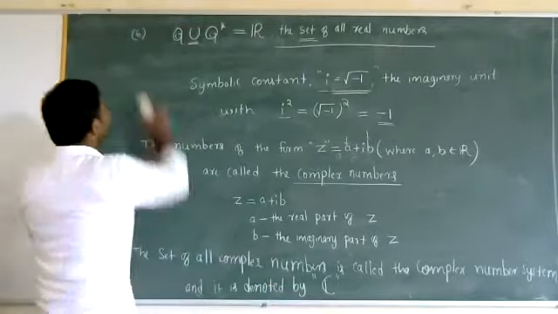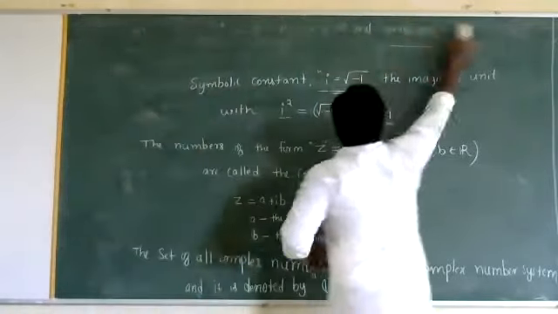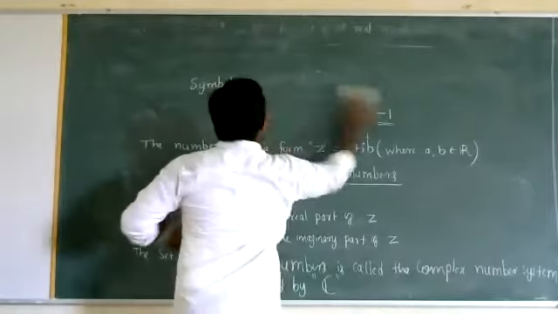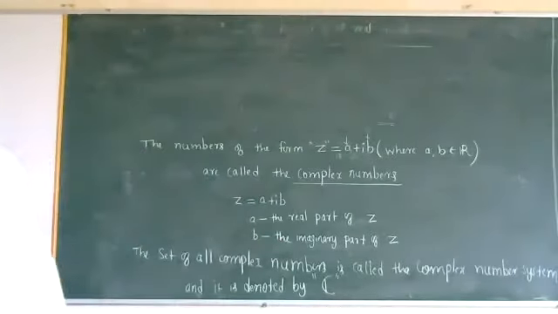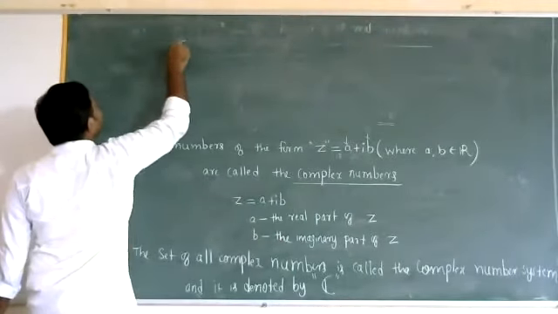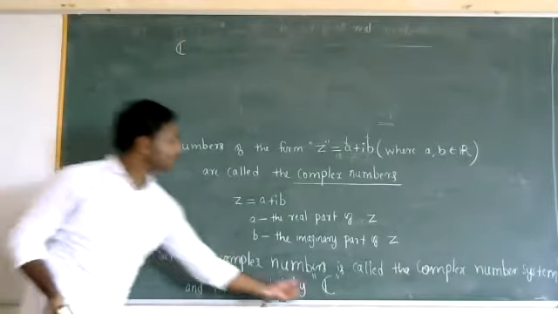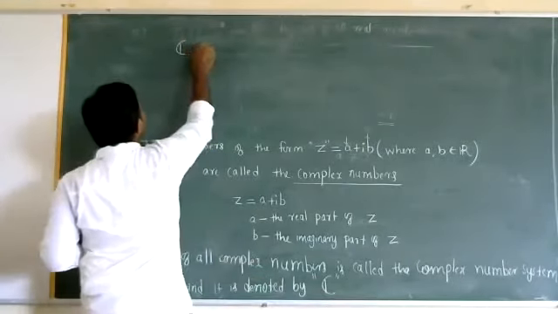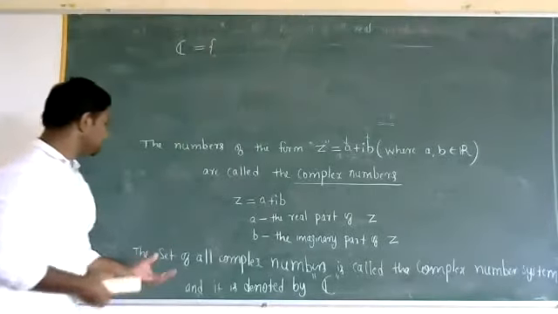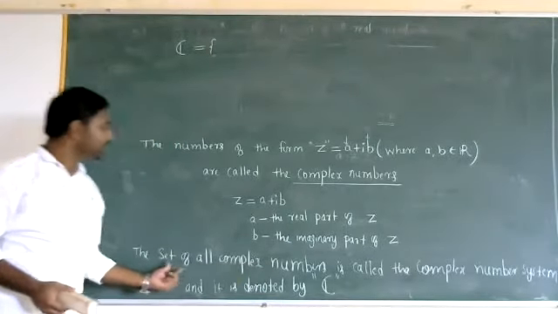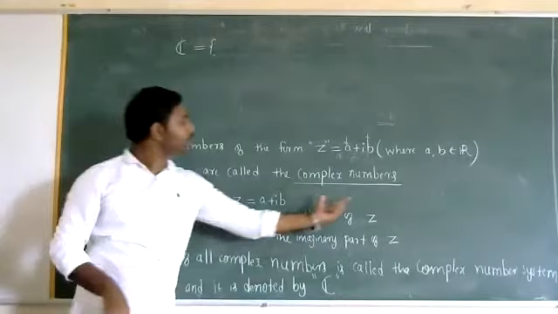Symbolically, in the form of a set, I can write the set of all complex numbers as follows. What is the set of all complex numbers?